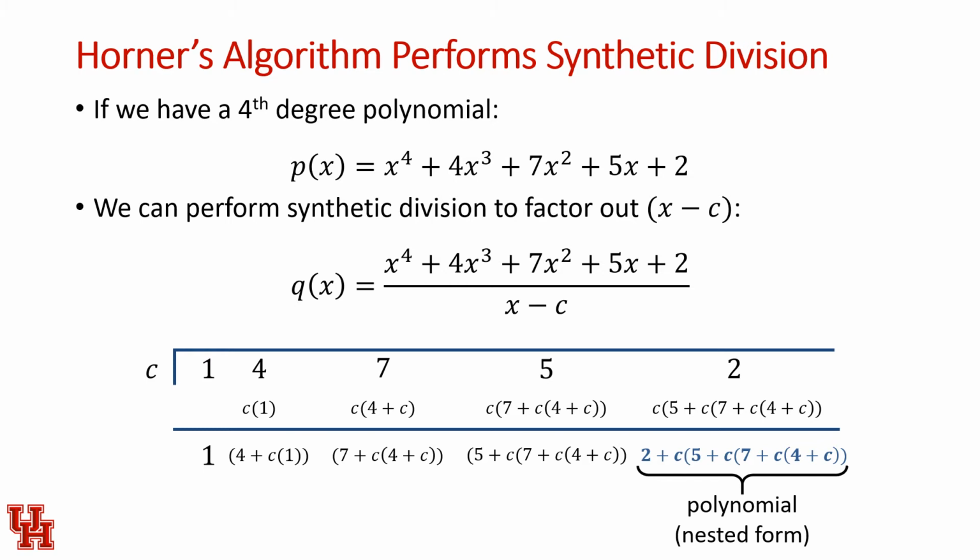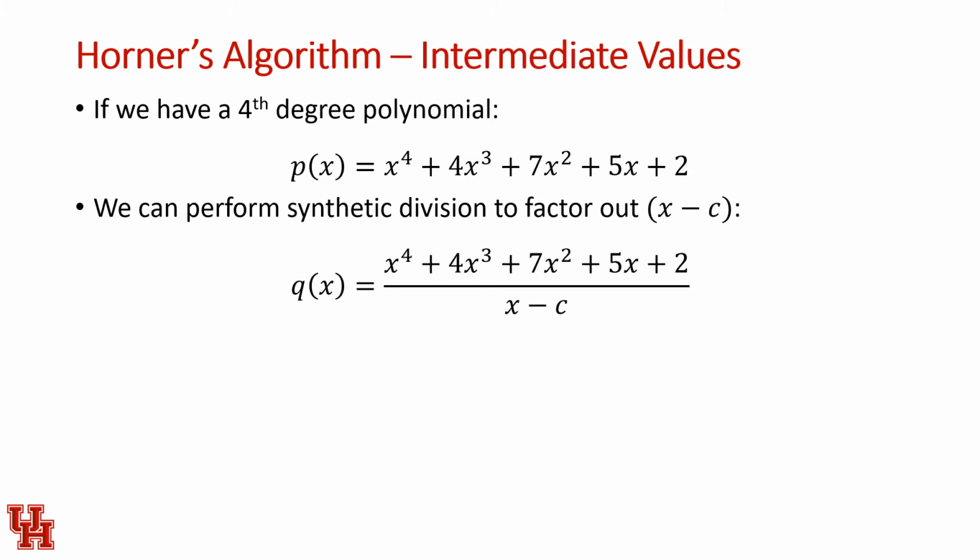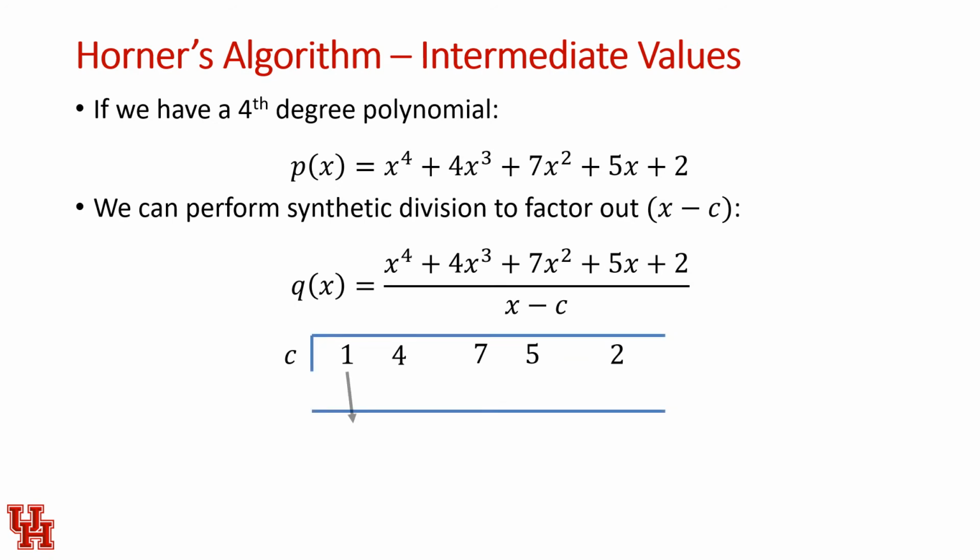It's important to understand this relationship because it provides some additional benefits beyond just the ability to evaluate the polynomial. When we perform Horner's algorithm, each step produces the coefficient for a new polynomial, which we'll call q of x. Let's reset our tableau and reevaluate with the divisor c, this time keeping track of the intermediate values.